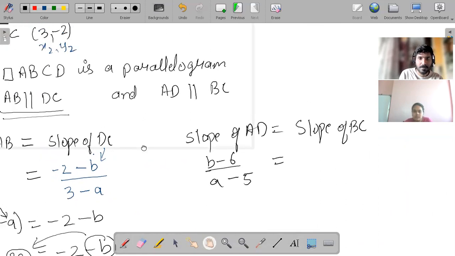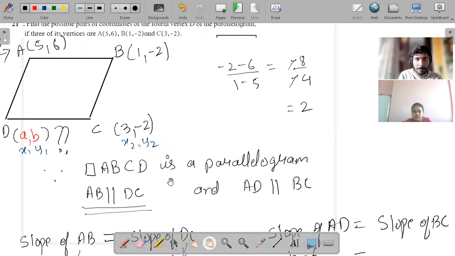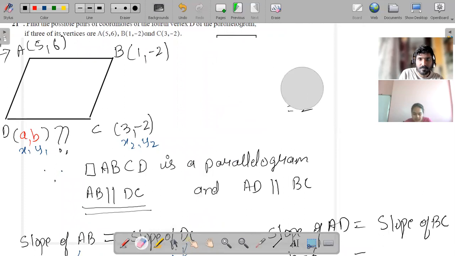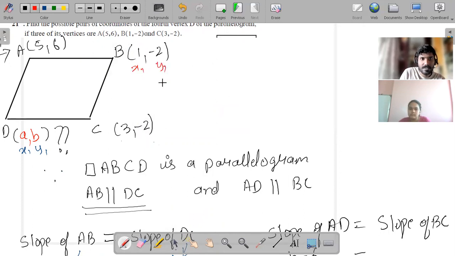Now slope of BC. 0. How 0? I just found it out. Okay, let me check. So when you're finding out slope of BC, this will be x1, y1 and this will be x2, y2.